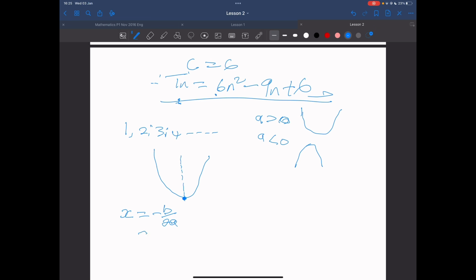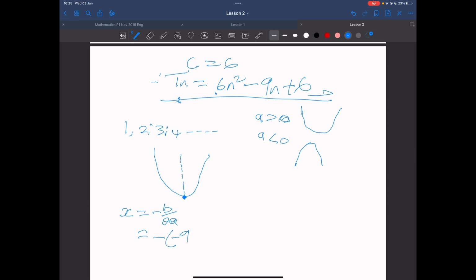But let's stick with this. So it's minus b, b is negative 9, and then a is 6. Simplifying it, we get 3 over 4. So our minimum value is 3 over 4, the lowest value.